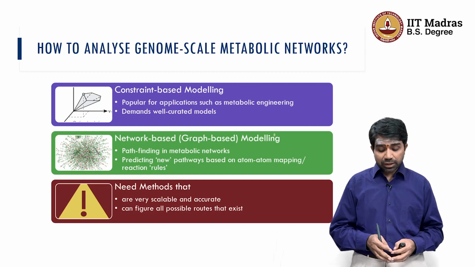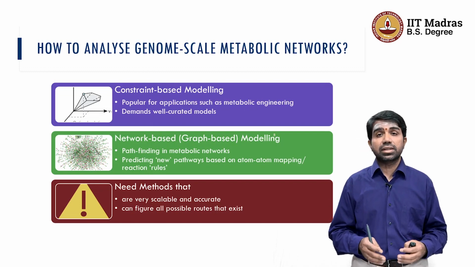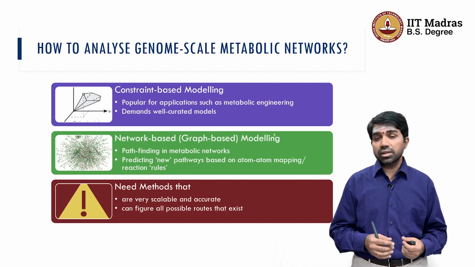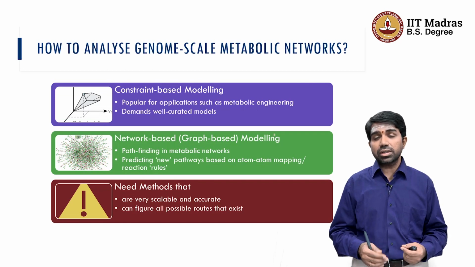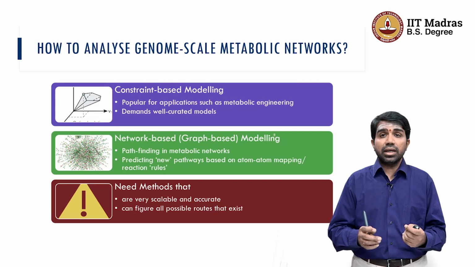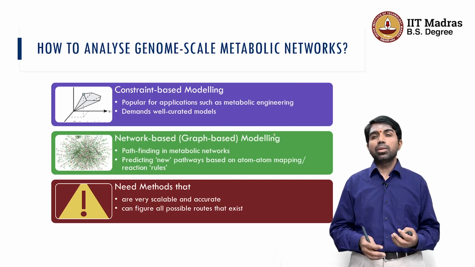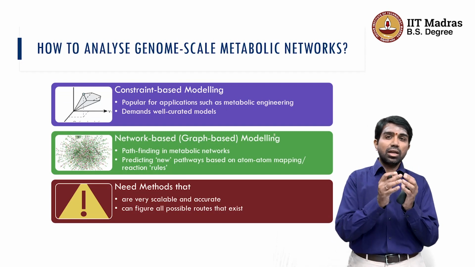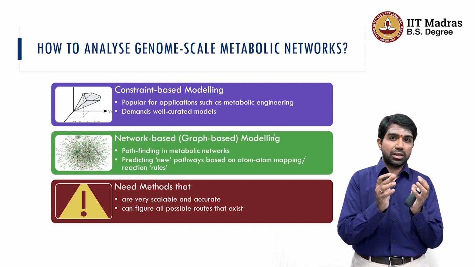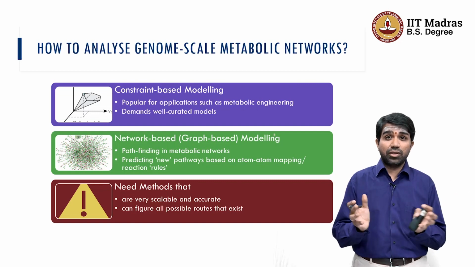And we need methods that are scalable and accurate and can figure all possible routes that exist within the cell. So, this is a sort of wish list for us. How do we build scalable and accurate methods for studying really large and complex metabolic networks? We need them to be scalable because a single organism's metabolic network is large enough, but then you are talking about putting a lot of these kinds of networks together.